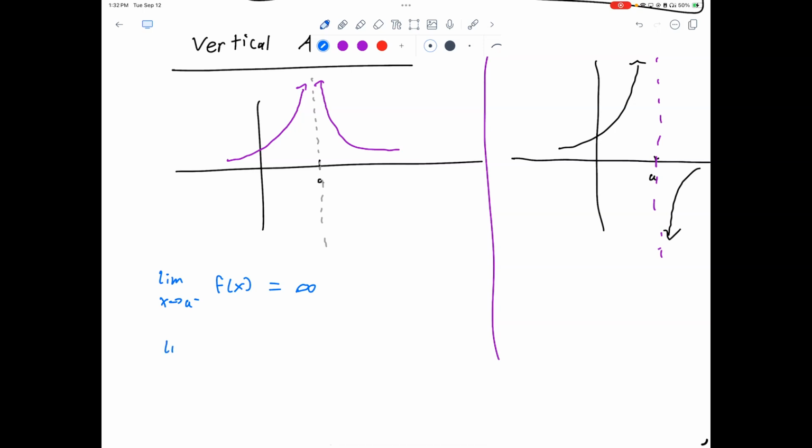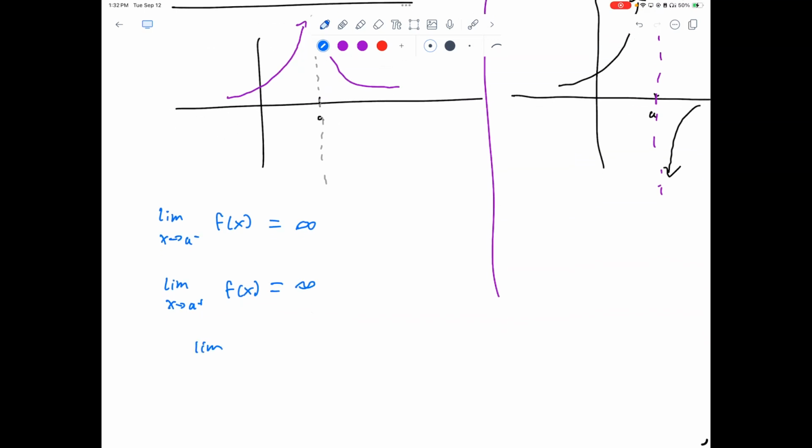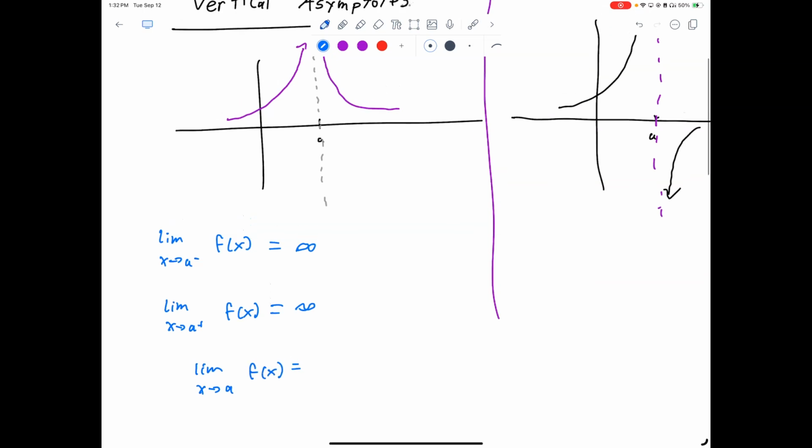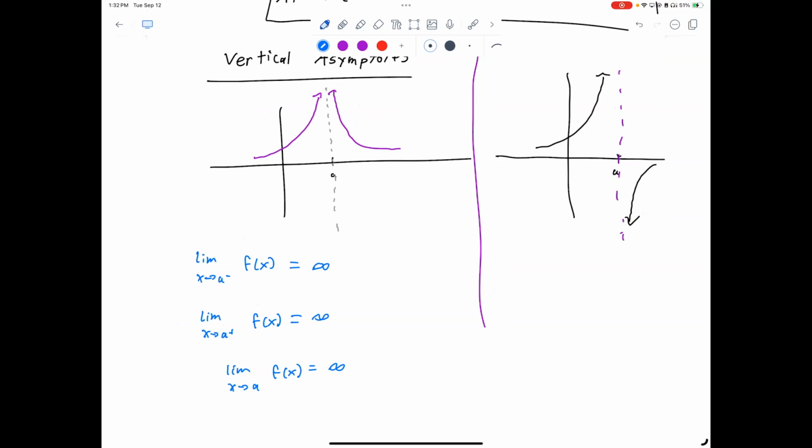The limit as x approaches a from the right-hand side of f of x is equal to infinity. Therefore, the limit as x approaches a of f of x is infinity.